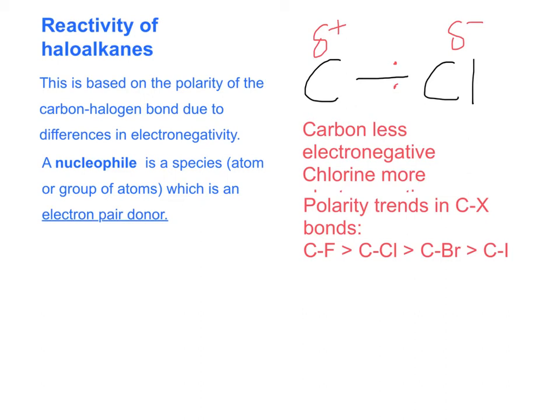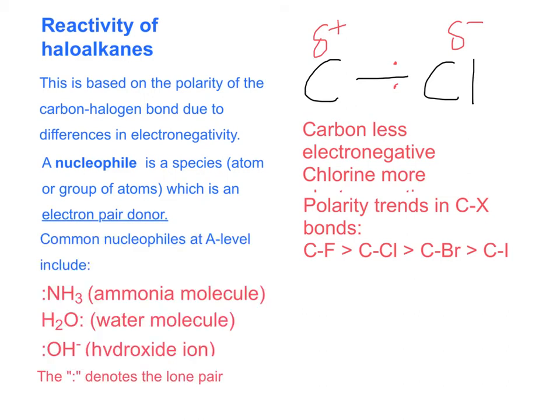So some of the common nucleophiles you'll come across at A level include NH3, ammonia, water, H2O, and the hydroxide ion, OH-. And the colon, or it looks like a colon, is actually meant to represent the lone pair.